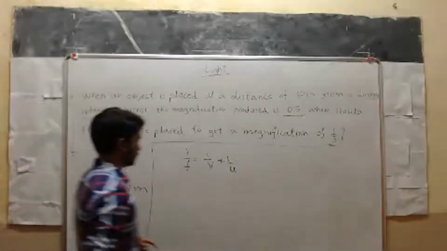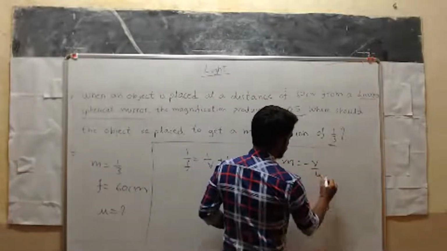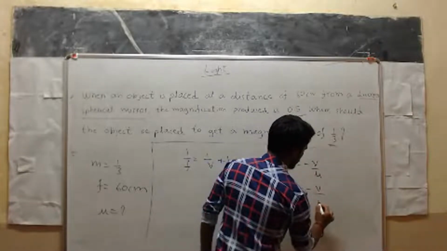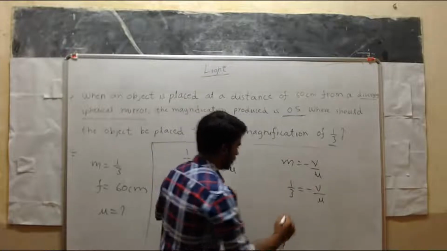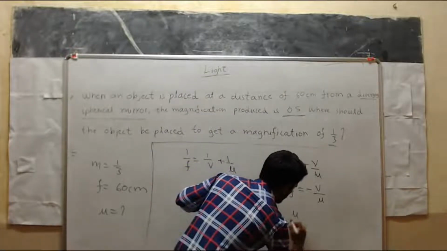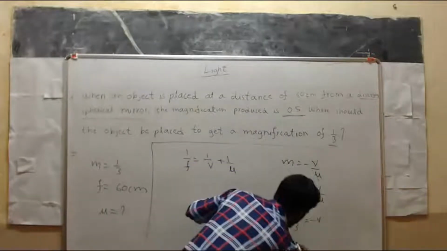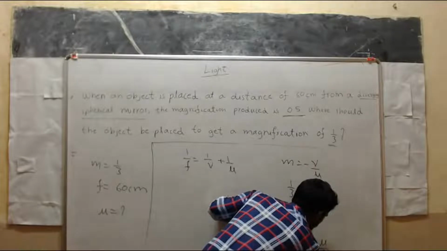See, just use this one. Magnification equal to minus v by u. We can write it as 1 by 3 equal to minus v by u. So now bring u this side, that is u by 3 equal to minus v, or we can write v is equal to minus u by 3.